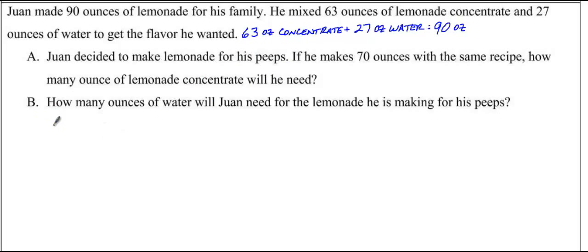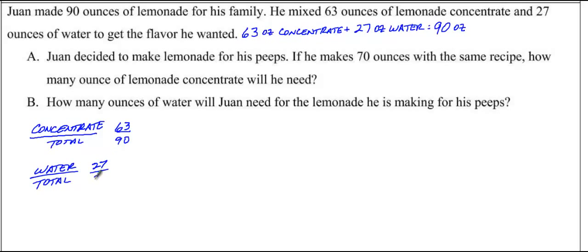So now we have what we need to build our ratios. So our ratios are going to be concentrate to total, which is a ratio of 63 to 90, and water to total, which is a ratio of 27 to 90. 63 plus 27 equals 90.